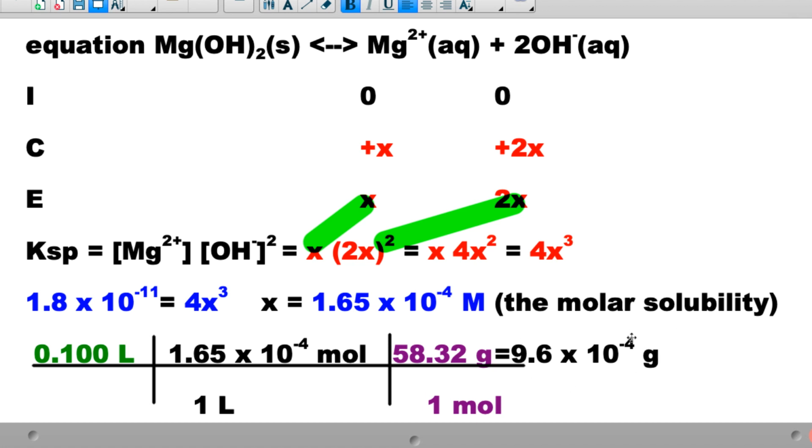Even though you have the technically wrong answer, you use the answer from before and apply it in the next step to see how many grams you'd make. In other words, never give up on a problem. Use your ice table or rice table, find a value for x, plug that in to see if you can solve the rest of the problem.